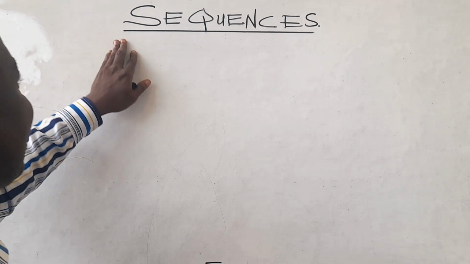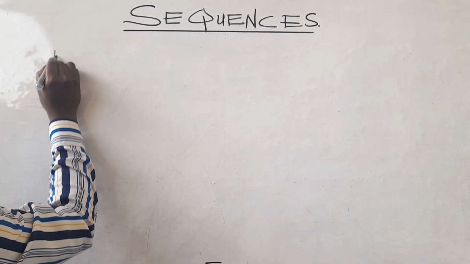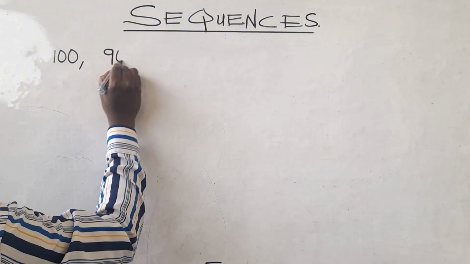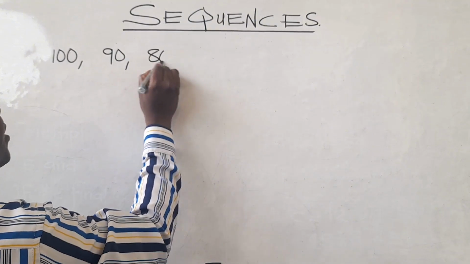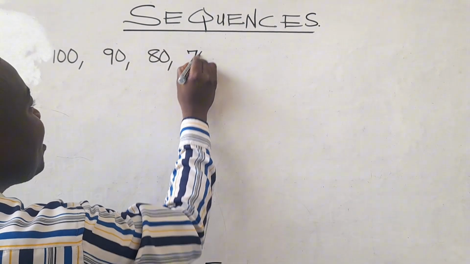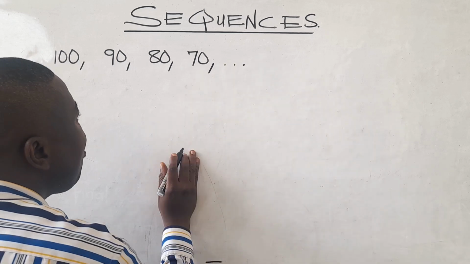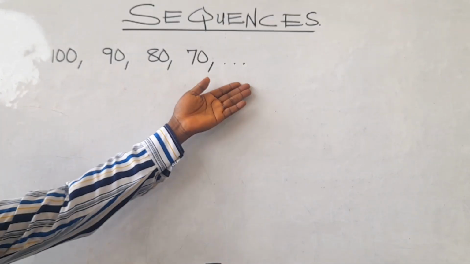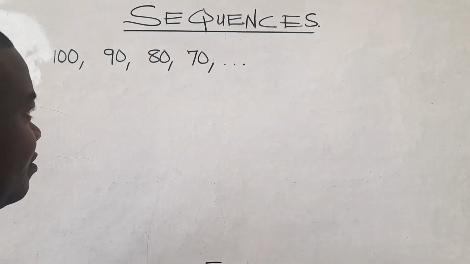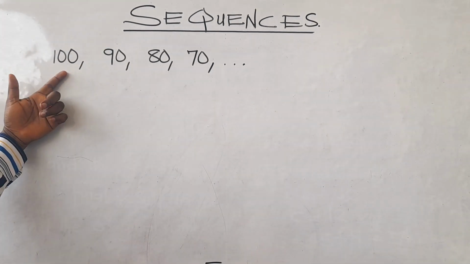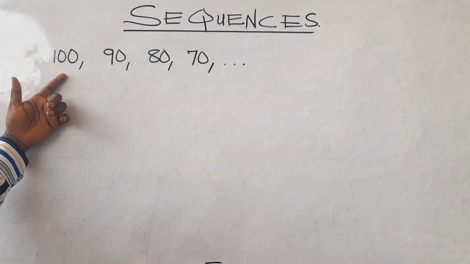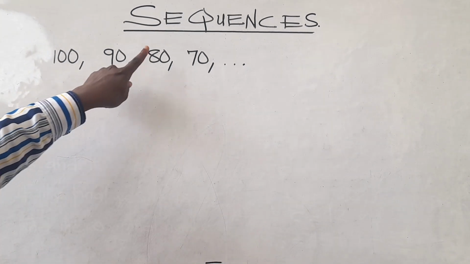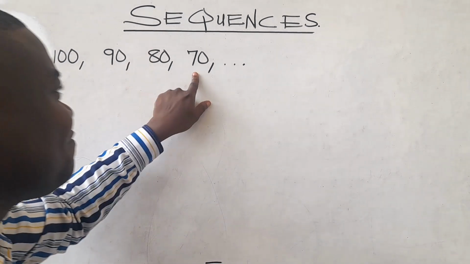We could also have 100, 90, 80, 70, and so on. Look at this, you can actually predict the next numbers. 100 being the first term, then 90, 80, 70.